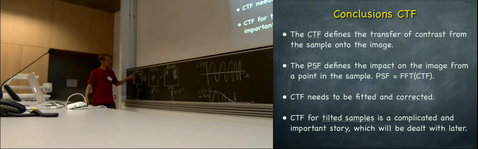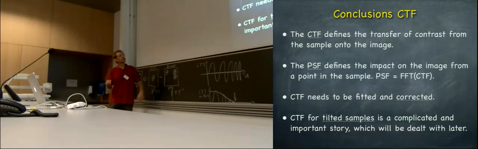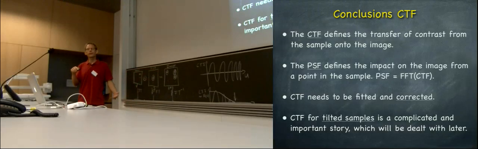So one atom is producing a point spread function profile in your picture. And the point spread function is effectively the Fourier transformation of the contrast transfer function. We have to understand the CTF and we need to fit it. We need to fit the Thon rings and the defocus, and then we need to correct it with a Wiener filter correction. And then we're done.